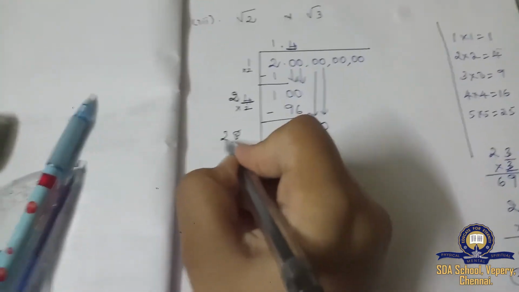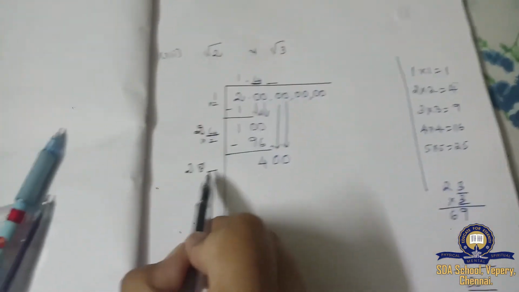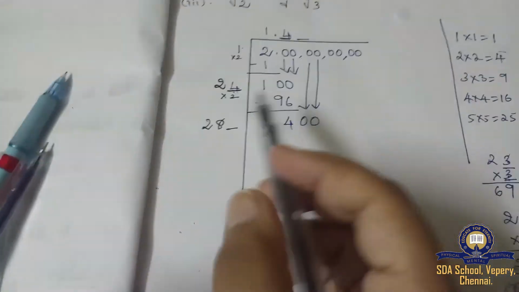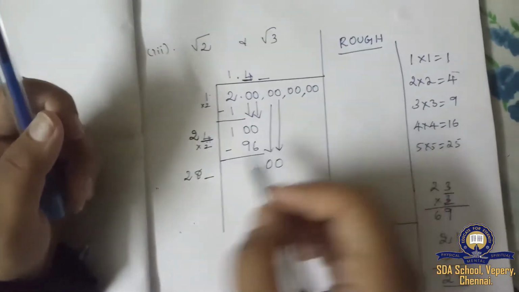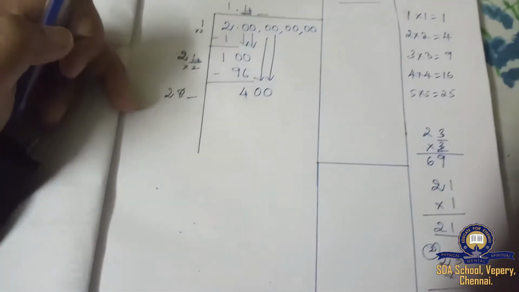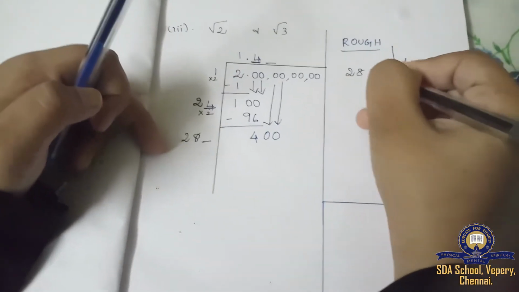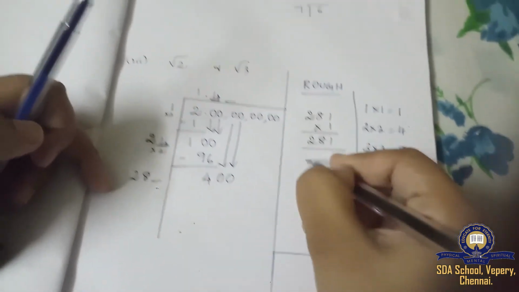Then I have to put a hyphen over here as well as over here. Whatsoever number comes over here, the same number has to come over here as well. So 281 into 1, what will I get? 281 only. Let us do 282 into 2.